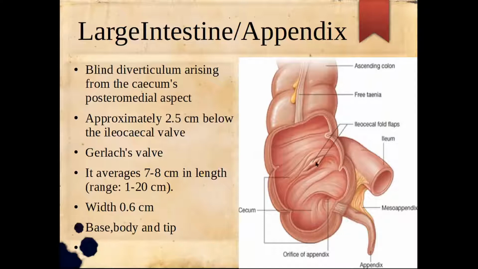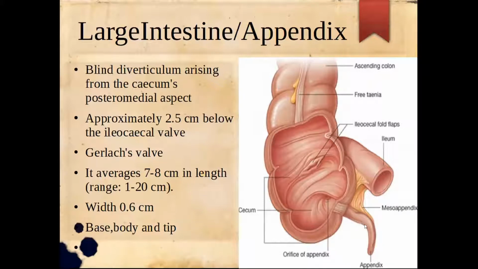The distance between the ileocecal valve and the appendix orifice is about 2 to 2.5 centimeters. And there is a valve guarding the appendix, which we call Gerlach's valve.